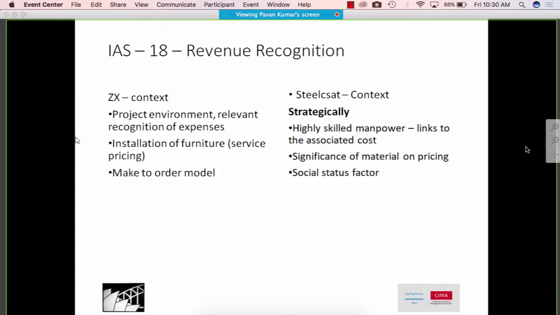Now, how are you charging this manpower into your cost? How are you taking this into the cost of the watch, and how are you pricing it?